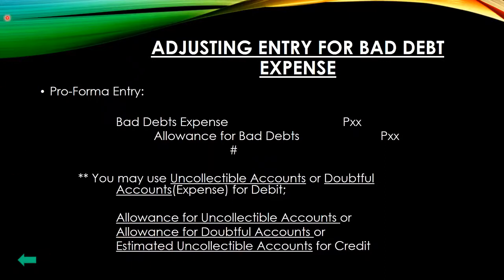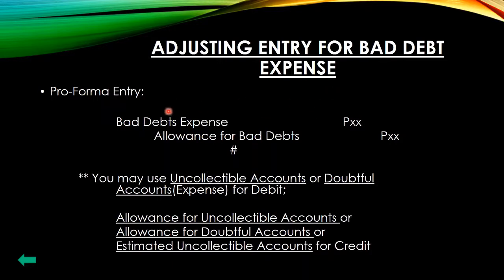So for you to easily remember, whatever your expense account, punan ra nimong term nga allowance for, then that should be your credit nga account title. Like for example, if you use uncollectible accounts as your debit, then your credit, punan nimong allowance for, then sumpayan nimong uncollectible accounts. So that is already your credit na account title.